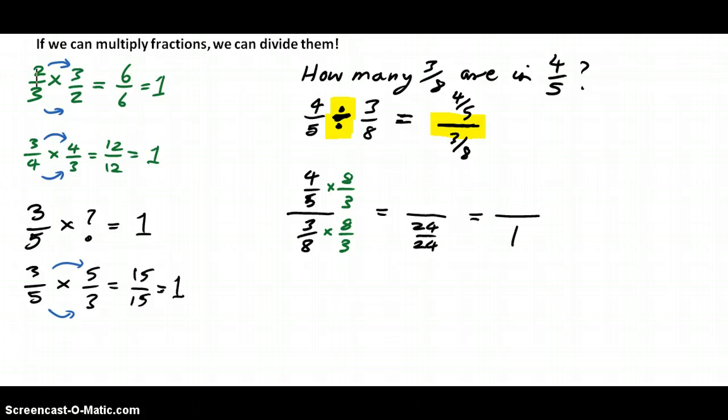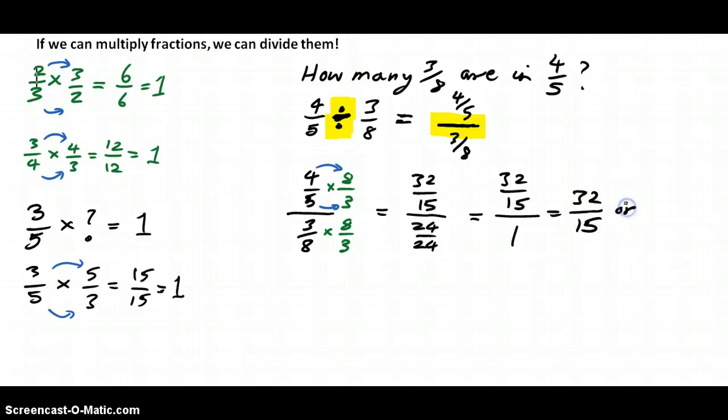So now what we're ending up with is 4 times 8, I beg your pardon, and 5 times 3. Not a very nice question. This gives me 32/15. It looks very messy, but the answer is 32/15.